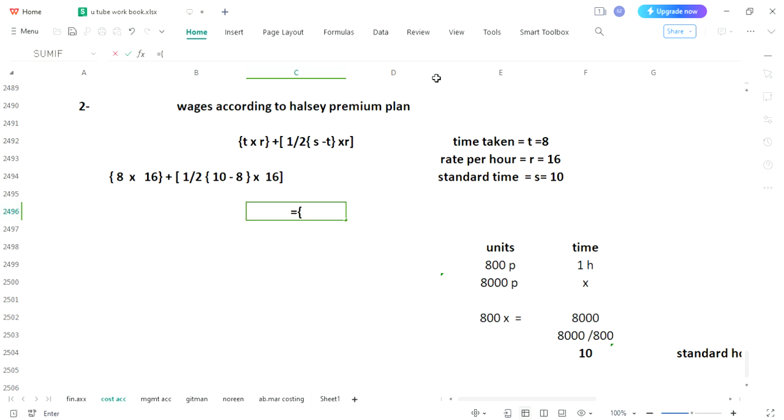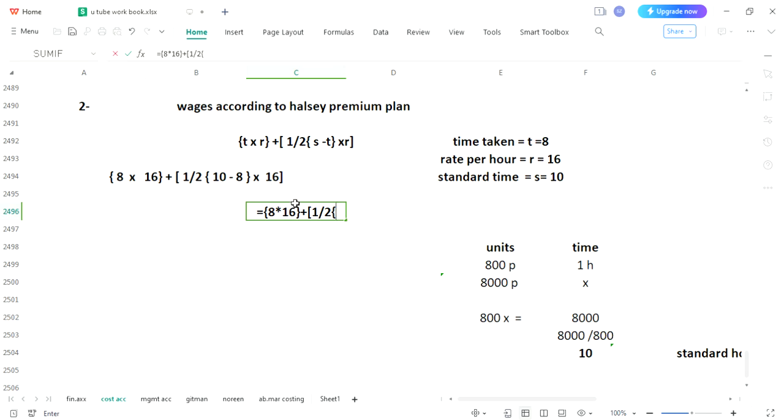Small bracket, 8 would be multiplied by 16, bracket would be closed, and then you need to add, open big bracket, 1 divided by 2, again open your small bracket. 10 minus 8 is equal to 2, multiplied by 16.